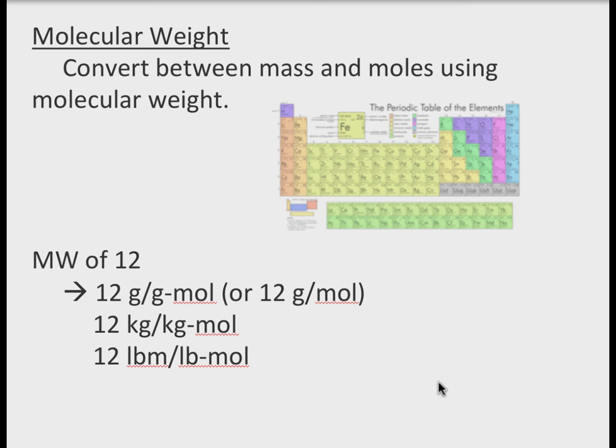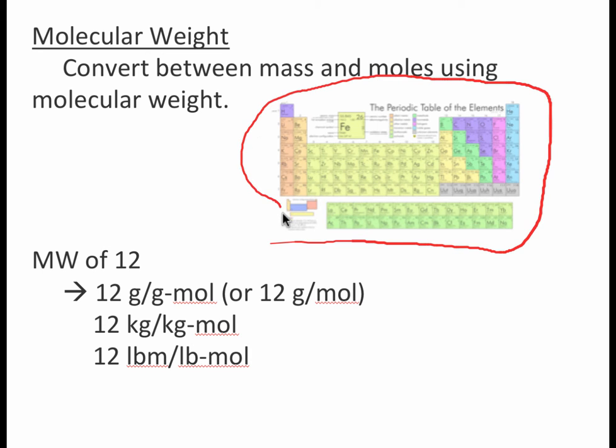If we look at the periodic table here, we add up all the atomic weights for the molecule we're studying, and we'll get a final molecular weight. We can use that molecular weight to convert back and forth between moles and mass.